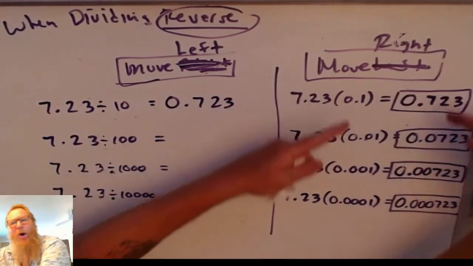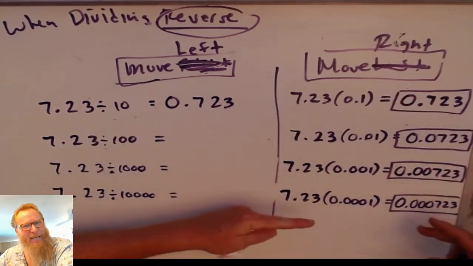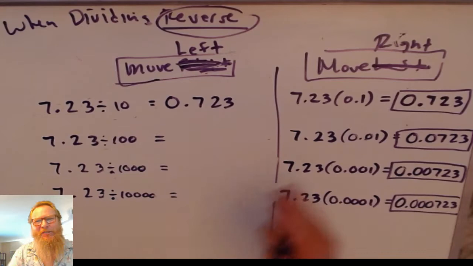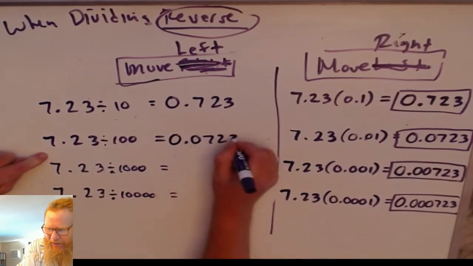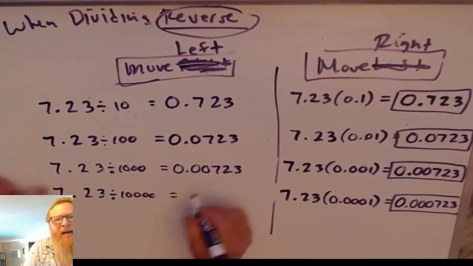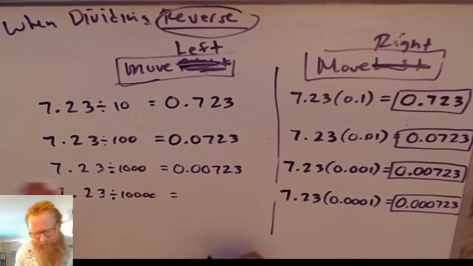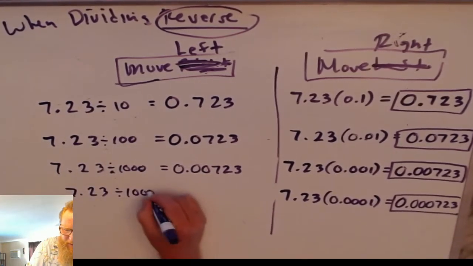0.723. In fact, all of these results from the last one that I did are going to be exactly reversed. So these are going to move over here. So this one's going to be 0.0723. This is going to be 0.00723. And this is going to become, I don't know if you can see that one, 7.23 divided by 10,000.